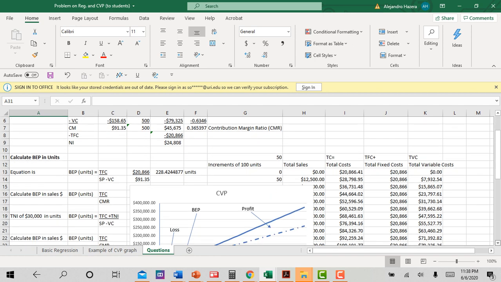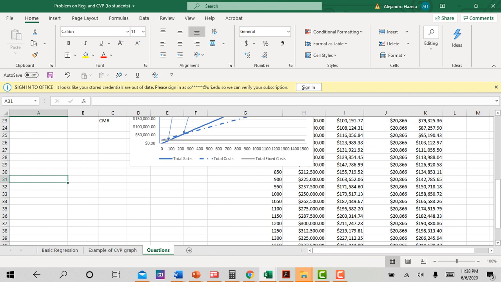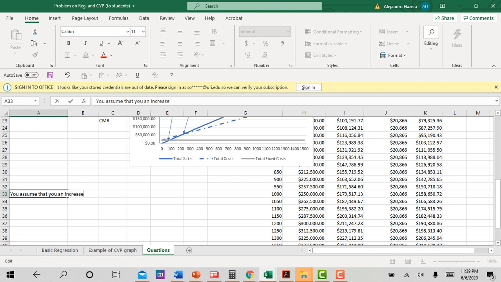Let's just say you assume that an increase in advertising expenses by 5,000 will result in the sale of 50 more units.